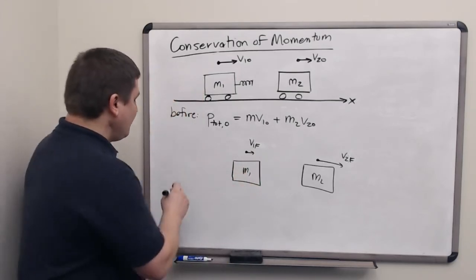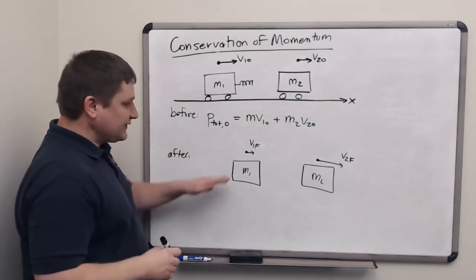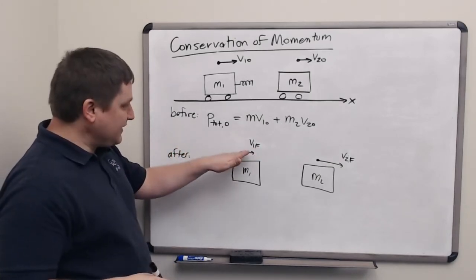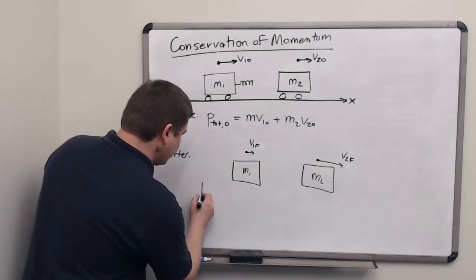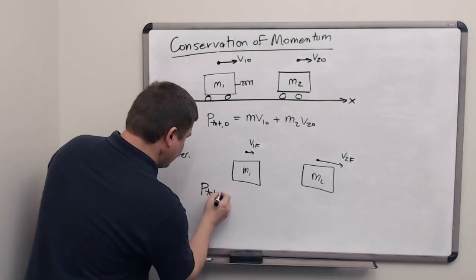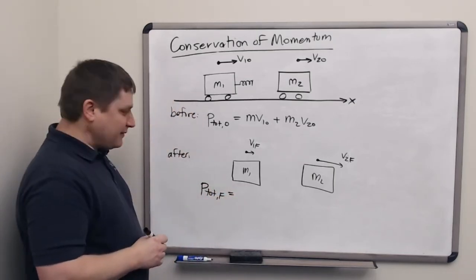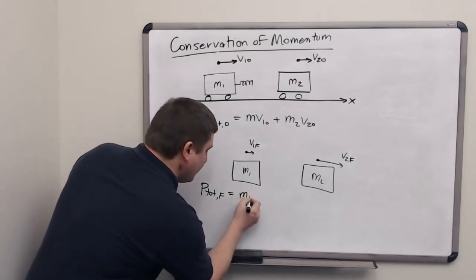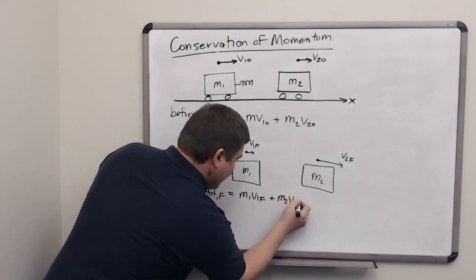So for after the collision, I'll use the subscript f, so we have v1f and v2f. Then the total momentum after the collision will be m1 v1f plus m2 v2f.